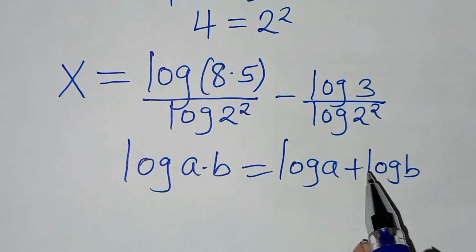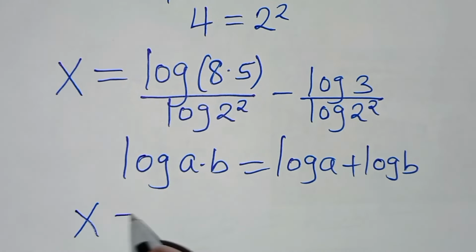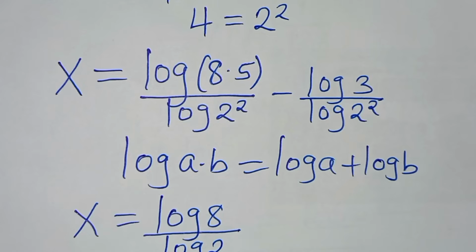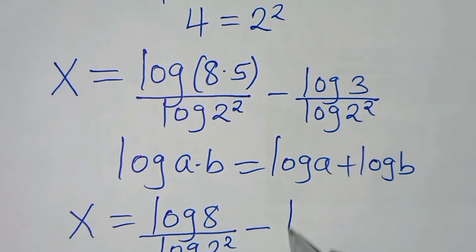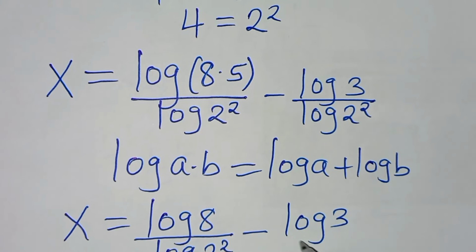Applying this property, we have x is equal to log 8 divided by log 4, which is 2 to the power 2, then subtract log 3 divided by log 2 to the power 2, then plus log 5 divided by log 2 to the power 2.